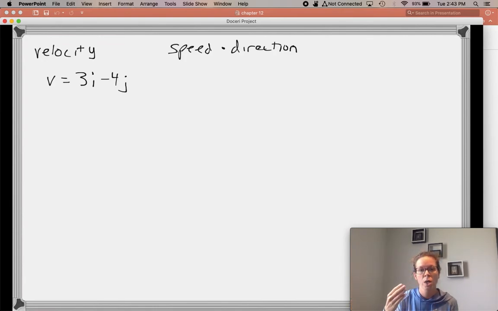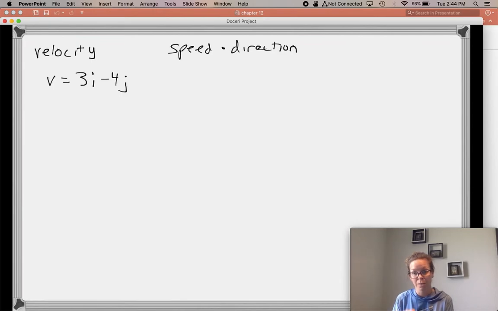So if I think of it, I could have a velocity of 30. That means I'm going a speed of 30 in some direction. Or I could have a velocity of negative 30. The speed would still be 30, just in a different direction. So speed is the absolute value of velocity.